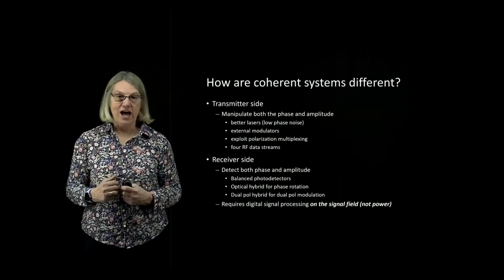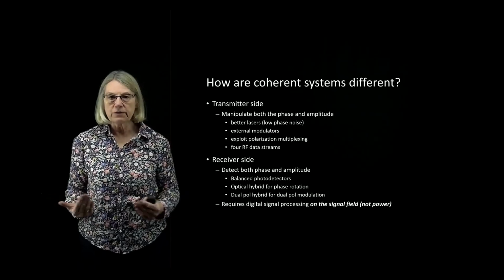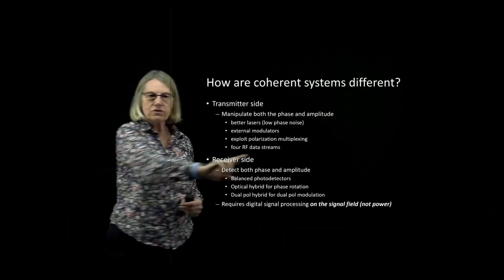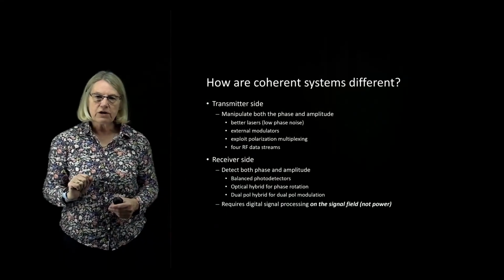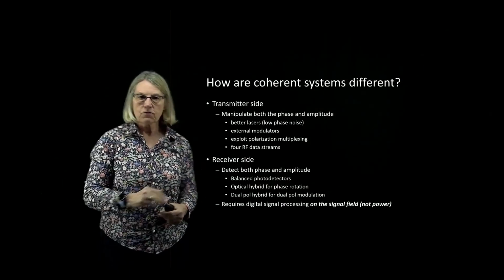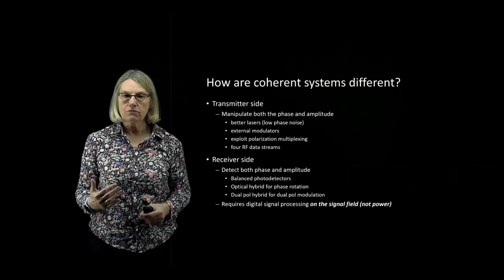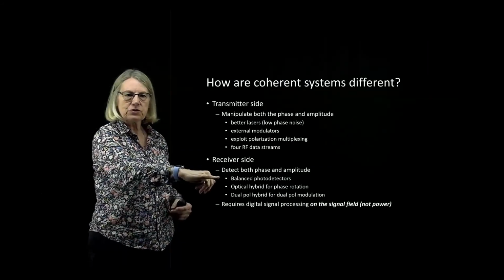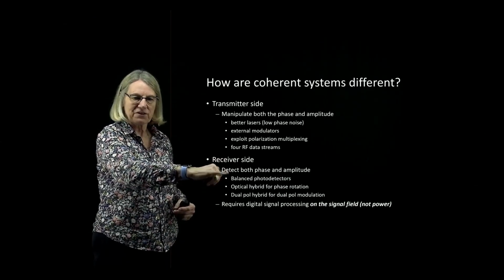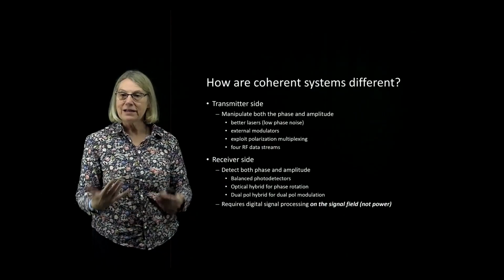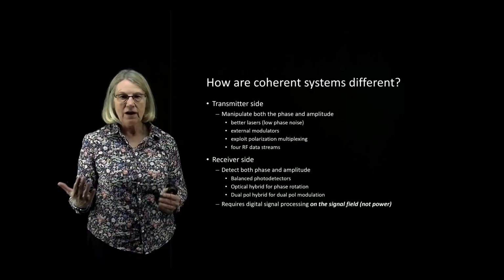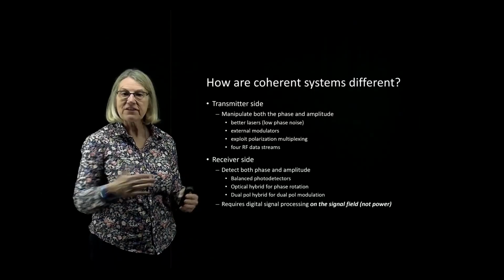Now, receiver side, what's different with coherent? When I want to go with coherent, I now have to detect both phase and amplitude, and there are a couple of things that are going to have to change. For instance, instead of using a single photodetector, I'm going to have to use balanced photodetectors, larger quantities of them, and I'm going to explain what I specifically mean by this.